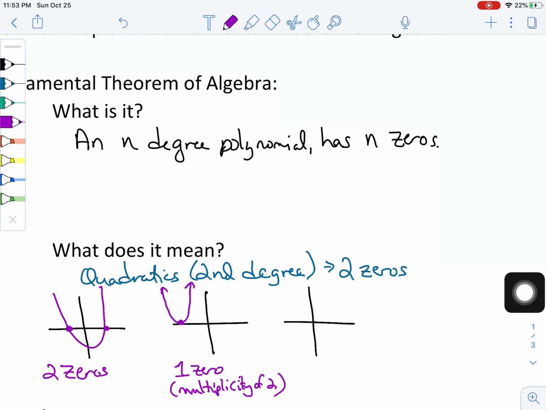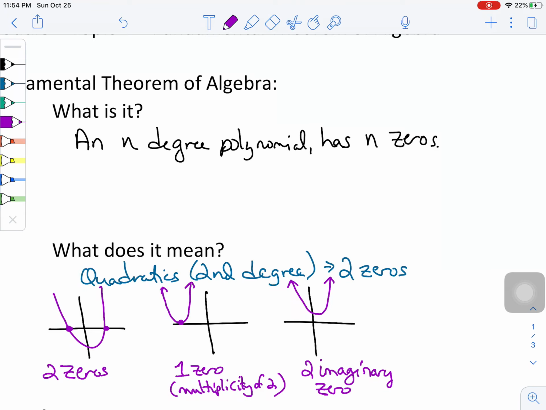Now, the goofy one that we're not going to talk too much about for right now is what happens when you have a quadratic function that just doesn't touch the x-axis. So you might look at this and say, well, it has no zeros. What actually ends up happening is it has two imaginary zeros.